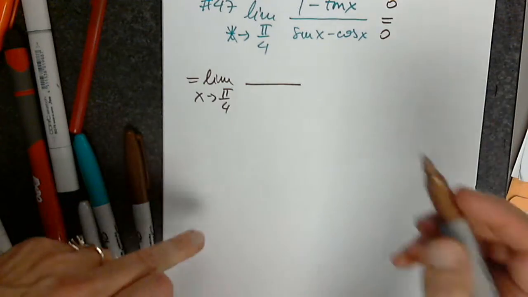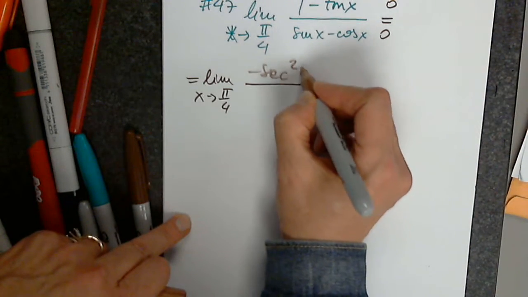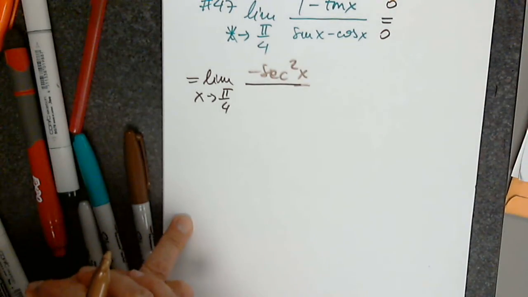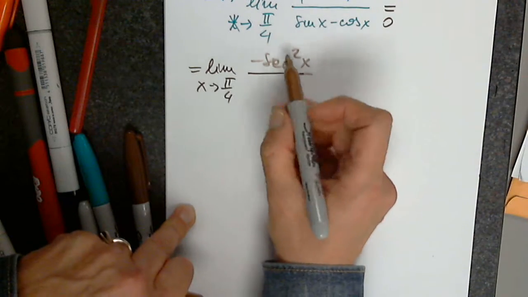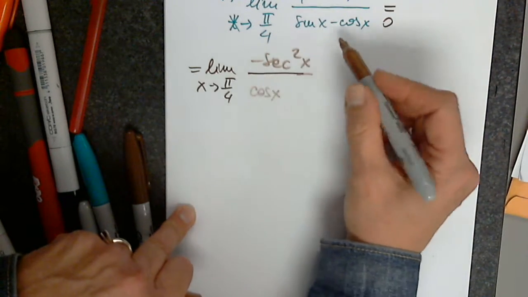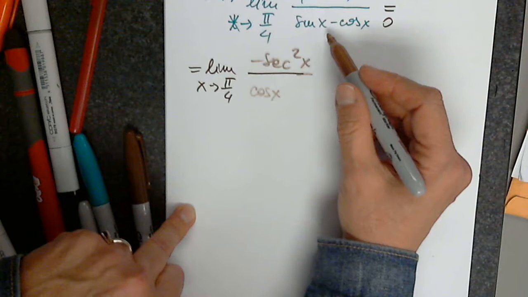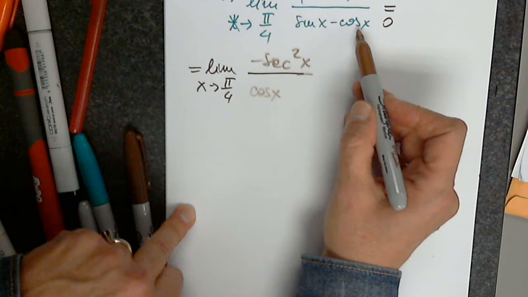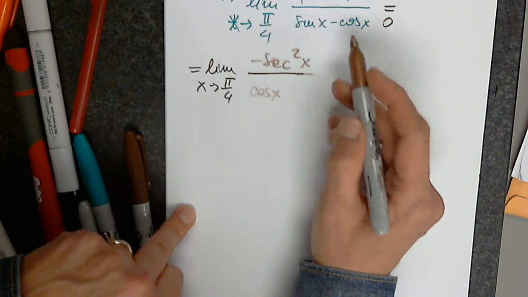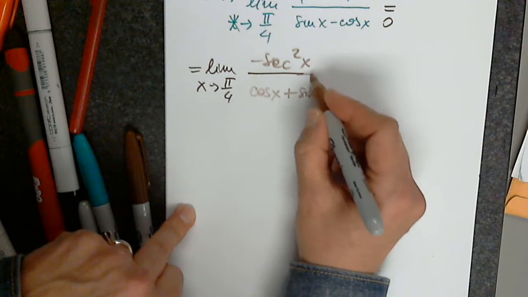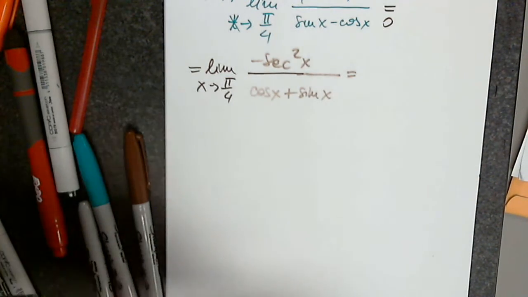Minus secant squared x. Excellent. What is the bottom? Cosine x. And you're right, because this is prime sine with negative in front and another negative. Excellent. Very good.